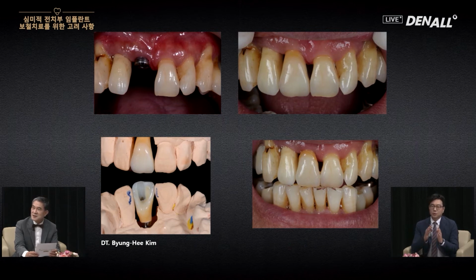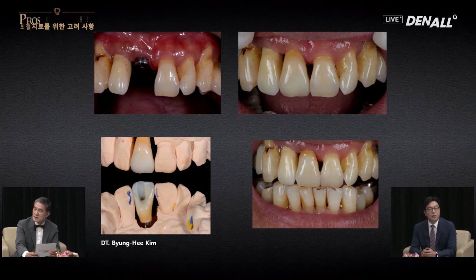If the embrasure spaces are large in a local place, surgically it can be resolved. If embrasure space is spread across the mouth, opening up the embrasure space can be an answer if the patient can adapt to that.